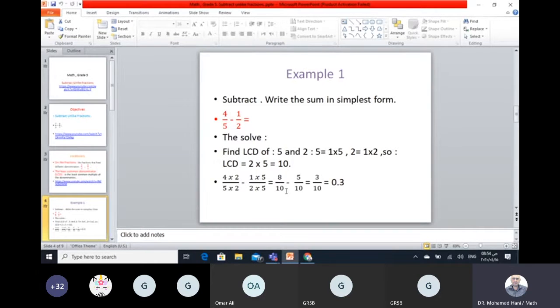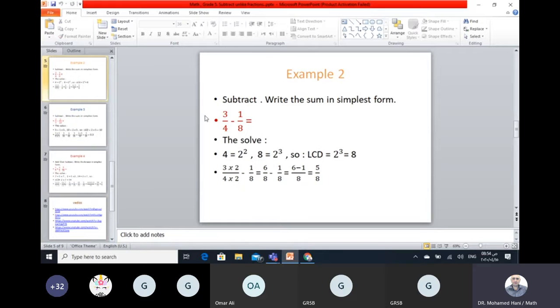So now I can subtract, because we have common denominators. 8 minus 5 will be 3, and put here the same denominator. This is the answer as a fraction. If you want to write it as a decimal, you can write 3 over 10 as 0.3.